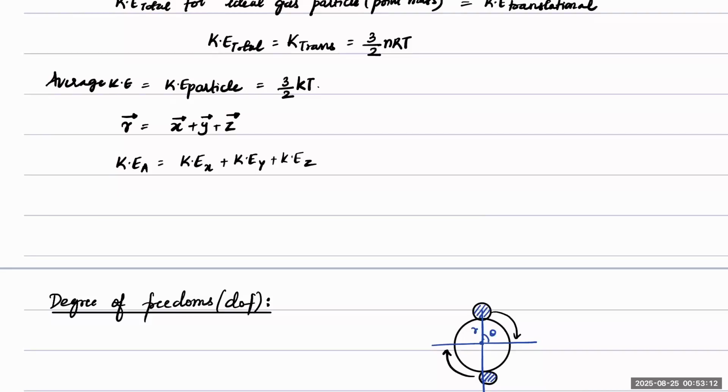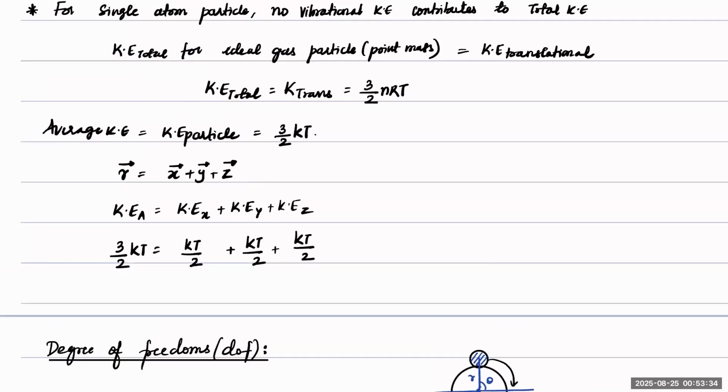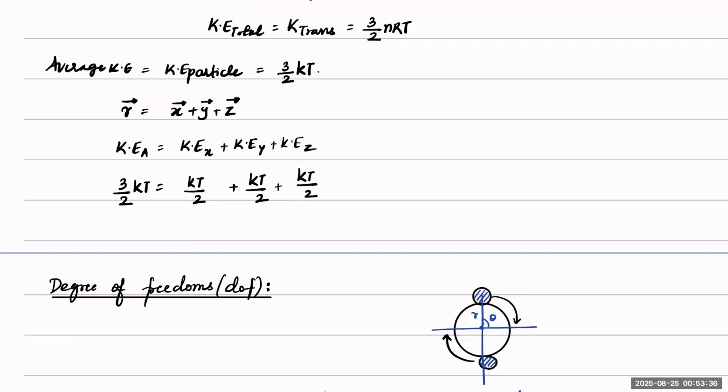So here this is 3 by 2 kT per particle, and here the assumption is that on an average, it must be kT by 2 in the x-axis, kT by 2 in the y-axis, and kT by 2 in the z-axis. This much on an average is contributing.